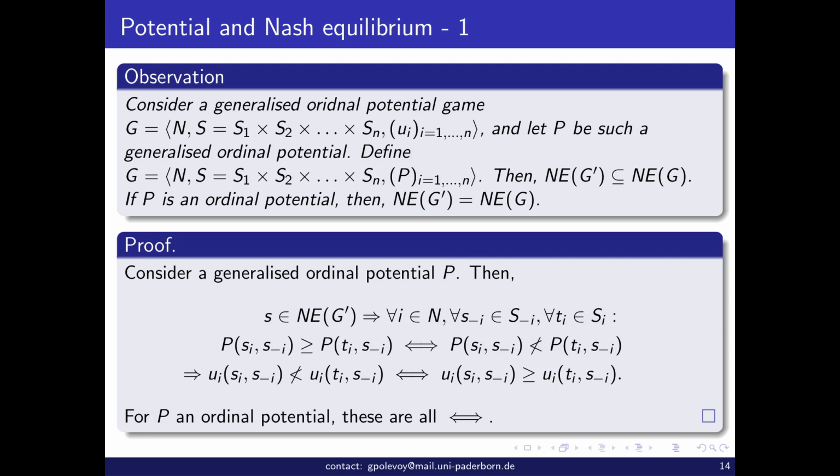In particular, if the new game has at least one Nash equilibrium, then so does the original game. Now, if the potential is not just a generalized ordinal potential, but an ordinal potential, then the sets of equilibria simply coincide. And the proof is simple.